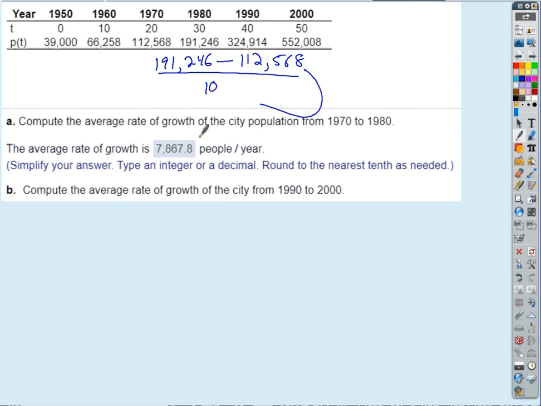And that should give you that amount. I can plug that in. If I want to calculate from 1990 to 2000, I would just use those values, right? So an average rate of change is not calculus. That's just the slope of the line connecting the 2 points on the graph, or change in y over change in x.